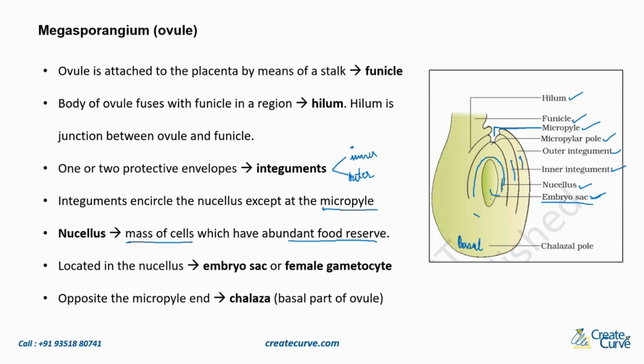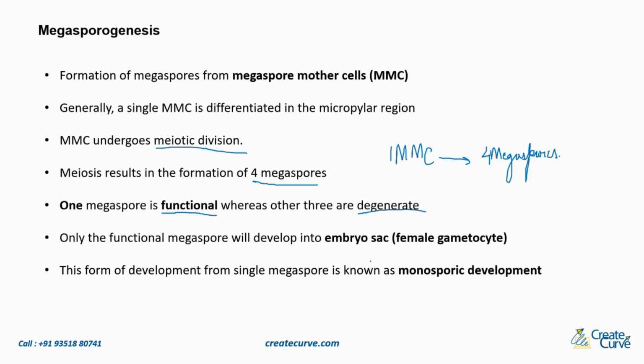From where will this embryo sac be formed? It will be formed by one functional megaspore. Is this clear?